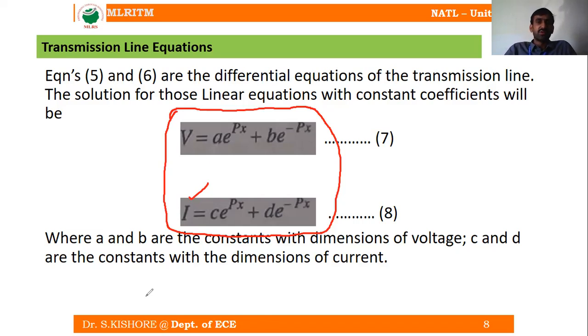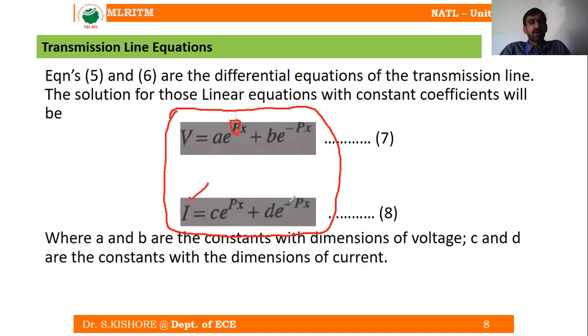You can substitute these into the equations for v and I. P is the propagation constant, which is the root over r plus j omega l into g plus j omega c, since that product is p square.